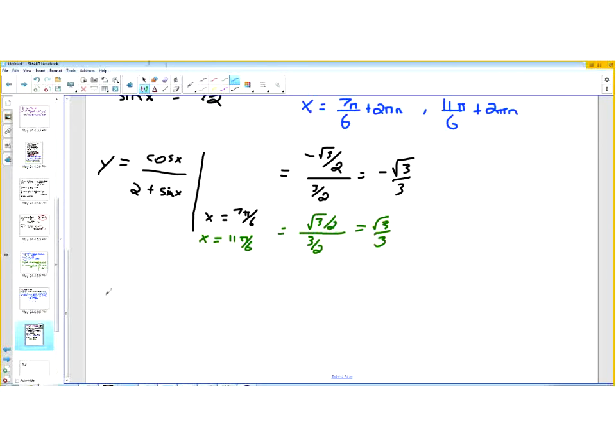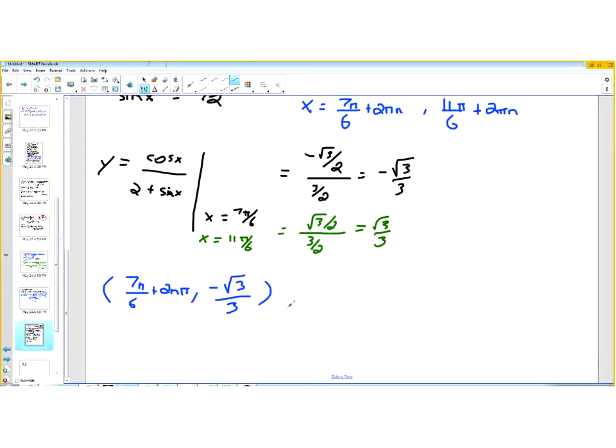So the answer to this question, where the tangent lines are horizontal, you would write like this. You could say 7 pi over 6 plus 2n pi. This would be the abscissa on the curve, and then the corresponding ordinates would be negative square root of 3 over 3.